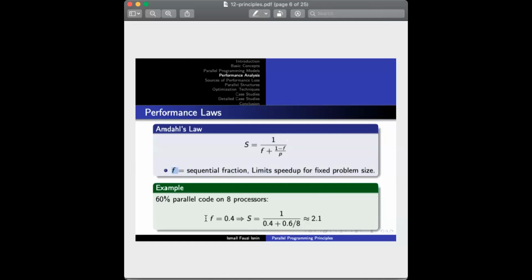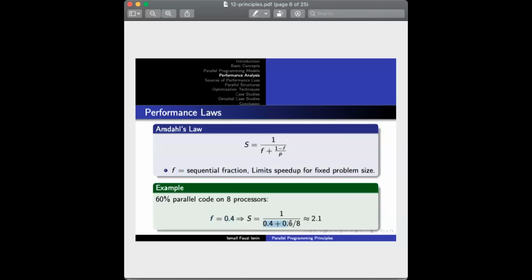If we accelerate this fixed problem across 8 processors, our speedup calculation becomes 1 divided by 0.4 plus 0.6 divided by 8.